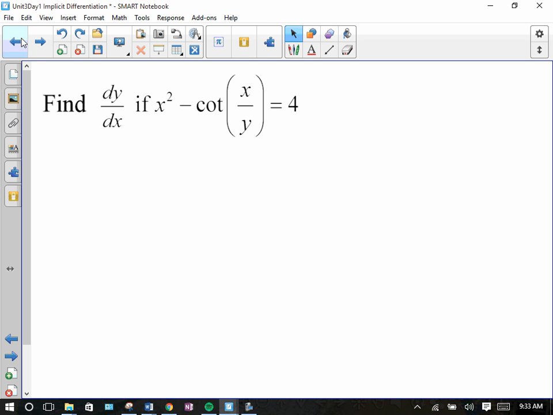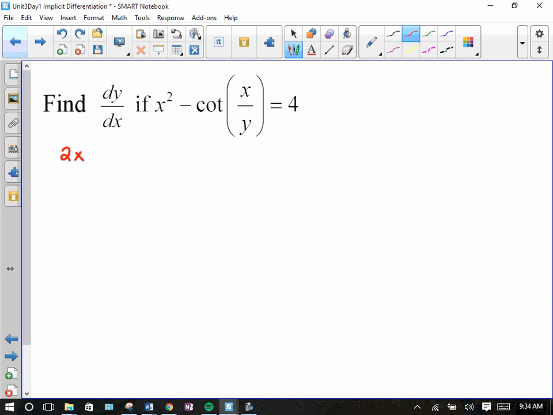So, how do we start here? Find the derivative. Okay, so we're finding the derivative of each term. So the derivative of x squared is going to be what? 2x. Then we have minus cotangent of x divided by y.